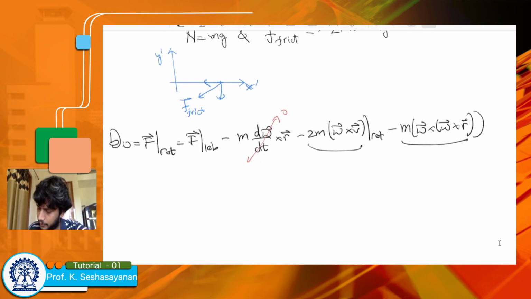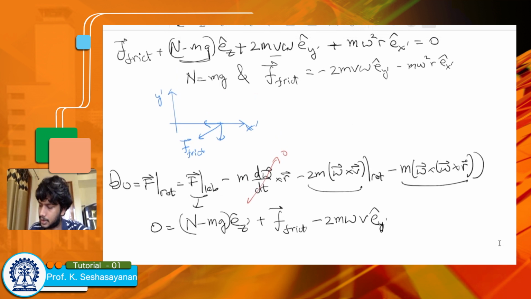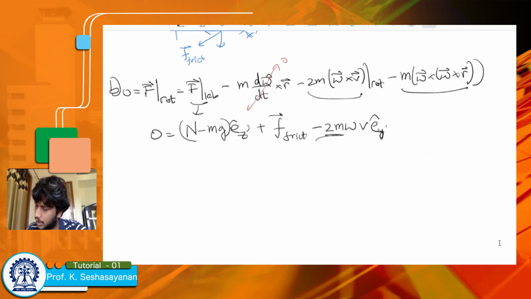whereas here the expression changes, v goes to minus v. So I'll let you verify that this is nothing but n minus mg along ez prime hat, which comes from f lab, and then you have the frictional force. So instead of plus 2m omega v ey prime hat, now we'll get minus. This is because v has flipped sign, and the last term remains the same, which is m omega square r ex prime.